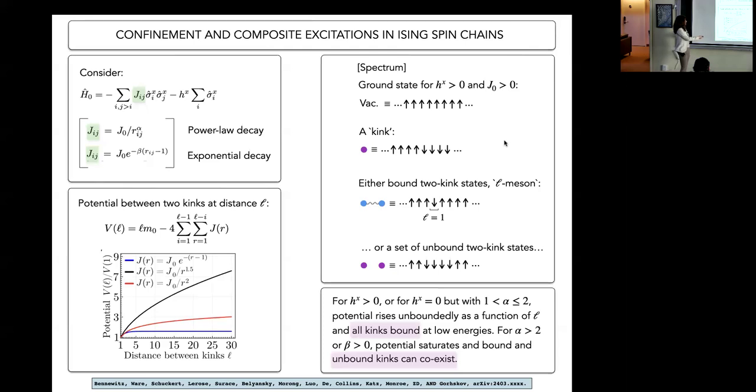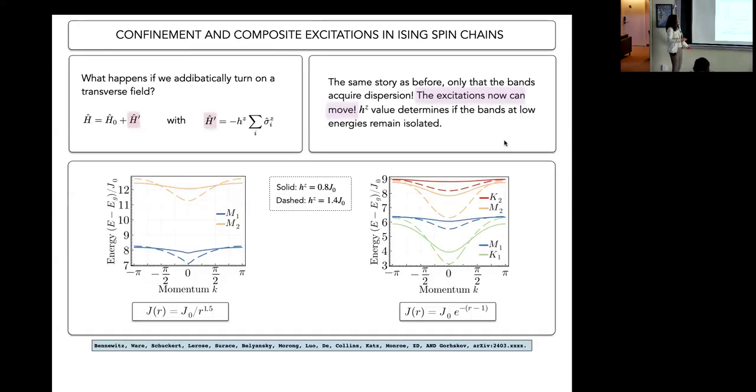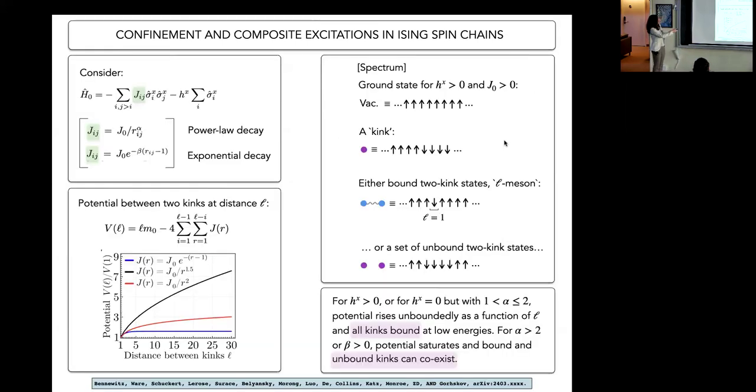But in these cases where things saturate, then you can have a mixture of bound and unbound kinks in the system. That's also very interesting. In fact, we see very interesting phenomenology here as well. Okay. So now that we understand these excitations, you may ask, well, that Hamiltonian was very trivial. It's all X, so it's diagonalizable. Why do I care about this dynamic?